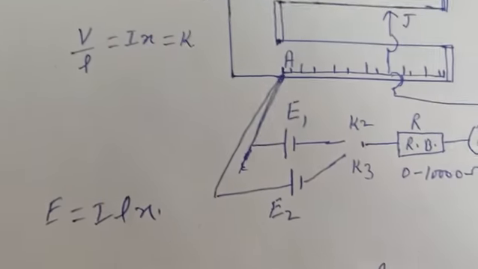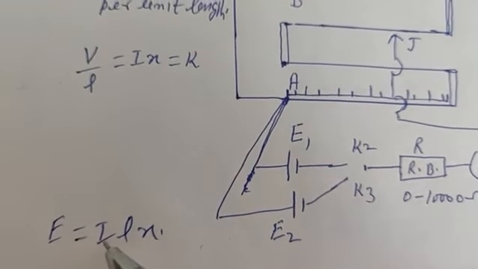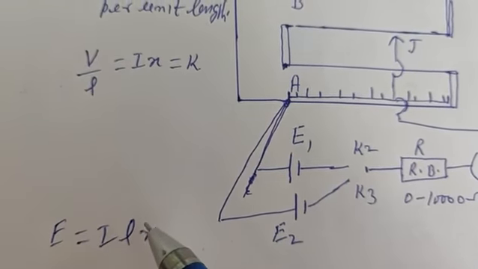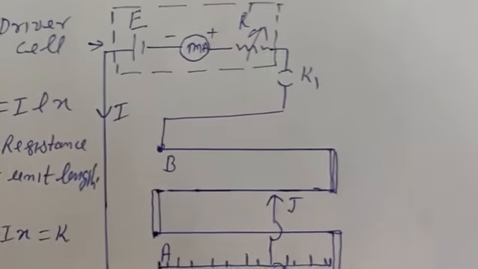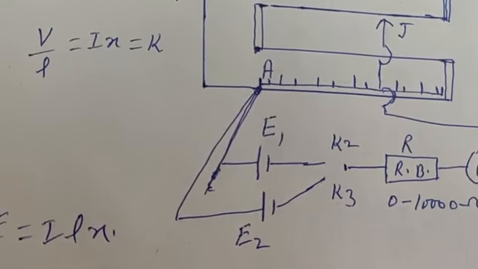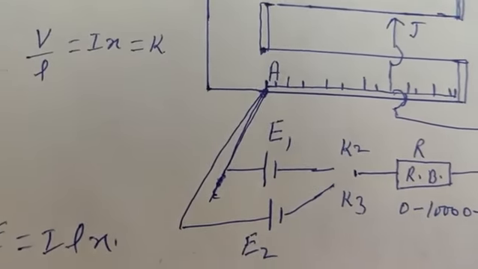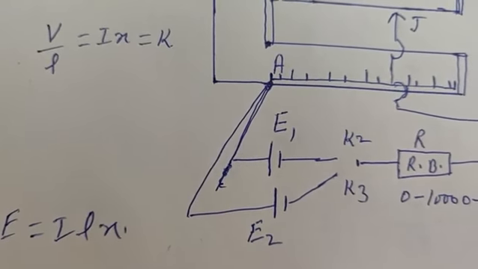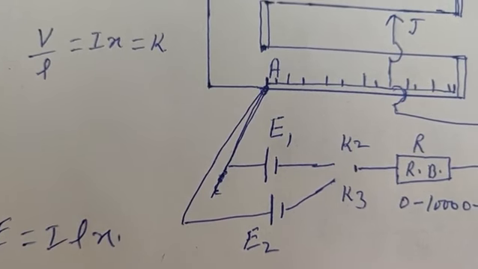And E is equal to I L X, so as the current I decreases, the null point length will increase. So if we increase the resistance R prime, the current will decrease and the length of the null point will increase.